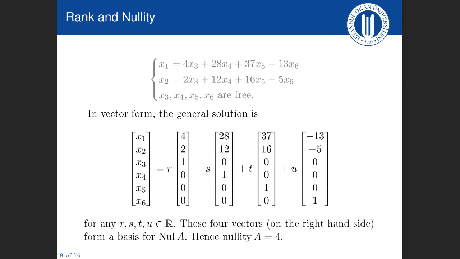So that means that we have a basis for the null space of A. This basis for the null space of A contains 4 vectors, so the null space of A is 4-dimensional. The nullity of A, which is the dimension of the null space, is therefore 4.